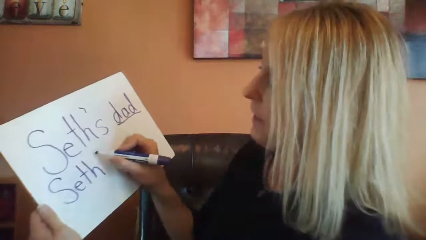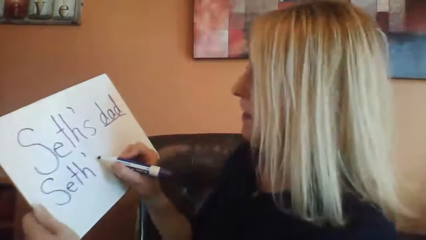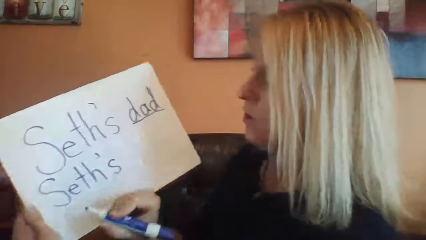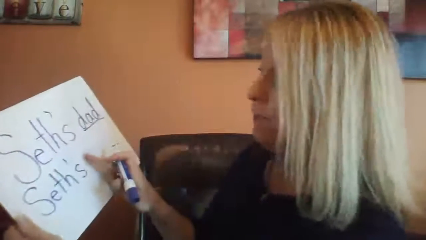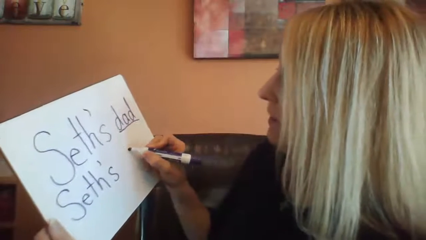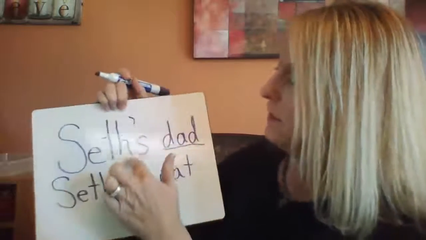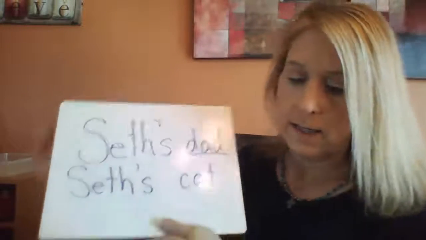It's his cat. So after my H, I'm going to hang that little backward C from the sky, that apostrophe, and then I'm going to add my S down below. Seth's, finger space, cat. How would you spell cat? C-A-T. So it's Seth's dad. It's Seth's cat.